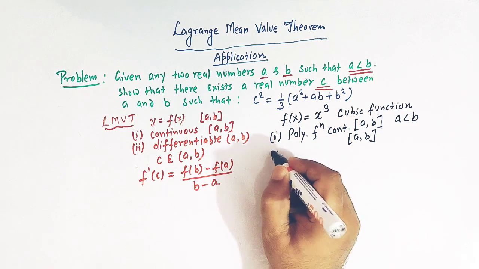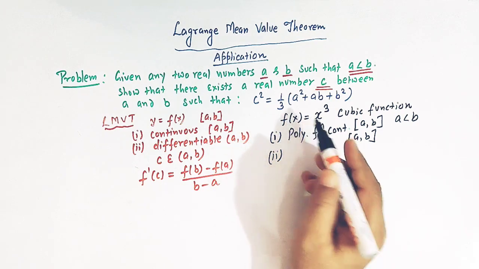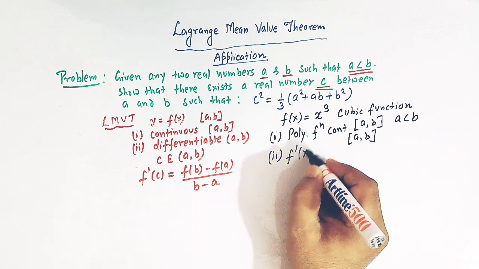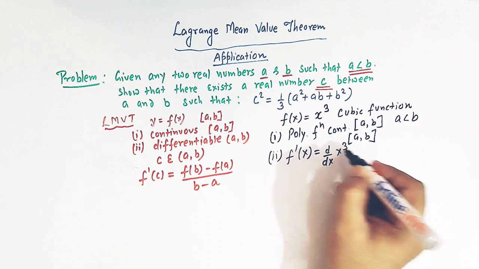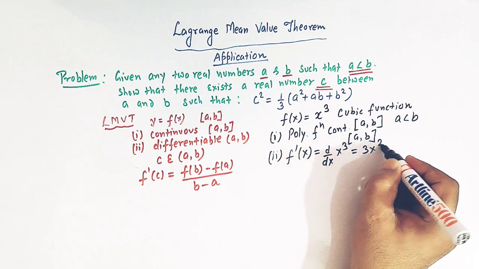Now if we differentiate this function, we'll get f prime of x equal to the derivative of x cube, and this is simply 3x square.